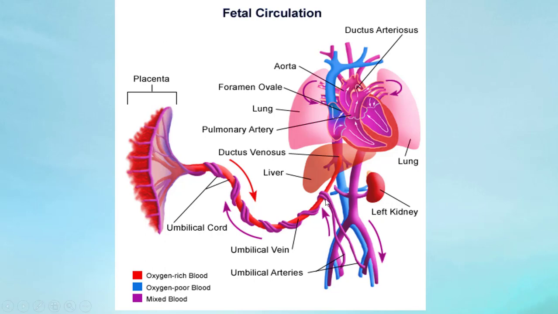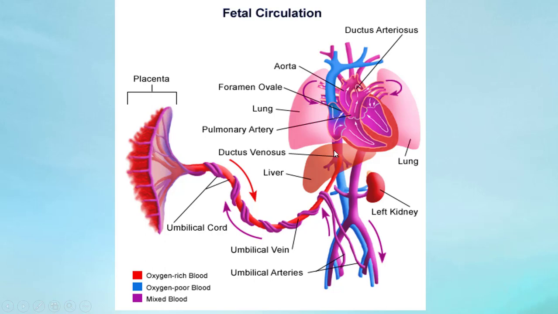In the body, this umbilical vein enters the liver and gives two branches. The first branch goes to the liver, which contains 100% pure oxygenated blood. Then the second branch joins with the inferior vena cava and forms a structure known as ductus venosus.